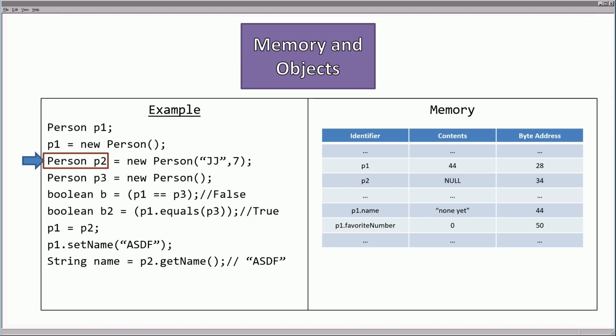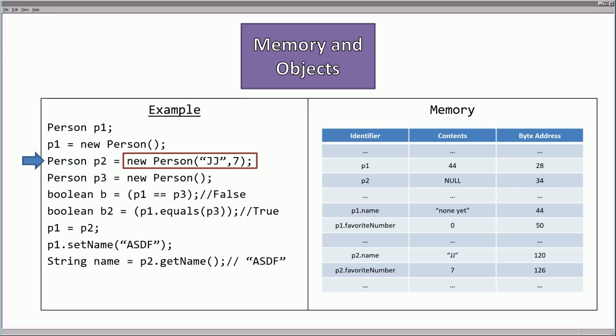Looking at another example, we first declare person P2 and its memory address is null. Now in this case, we use the parameterized constructor, and because this was not null, and this could be anything, you could see that each one of the properties were created and the values were assigned for this person P2.